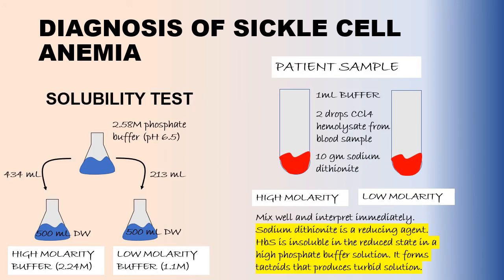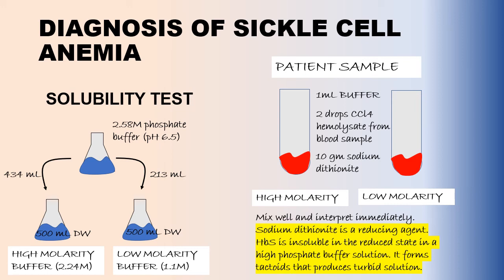Solubility test is the next test that aids in the diagnosis. Here we use a phosphate buffer of differing concentrations. 1 ml of the high molarity as well as low molarity buffer is taken in 2 different test tubes, to which we add 2 drops of the hemolysate prepared from the patient's blood sample, and 10 grams of sodium dithionite, which is a reducing agent, is added to this mixture.